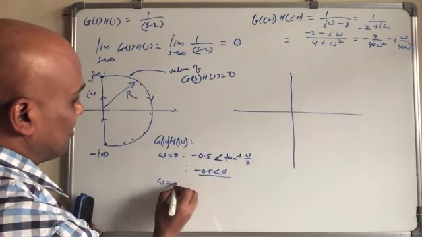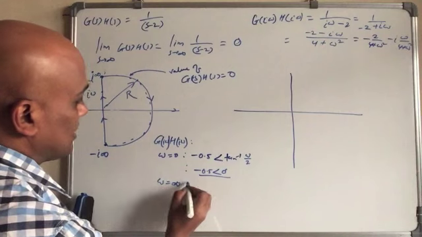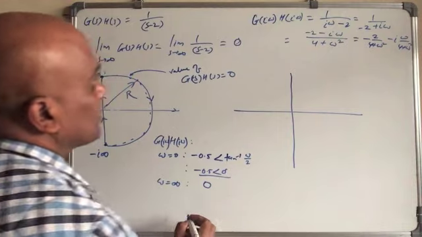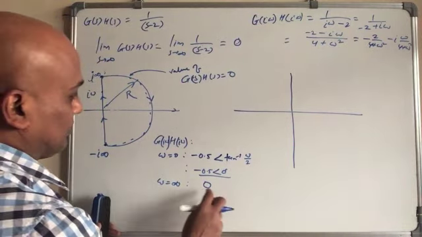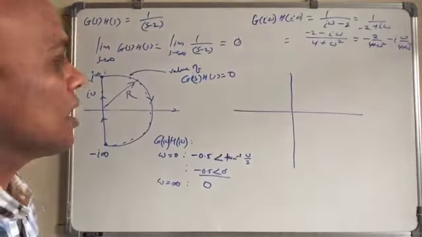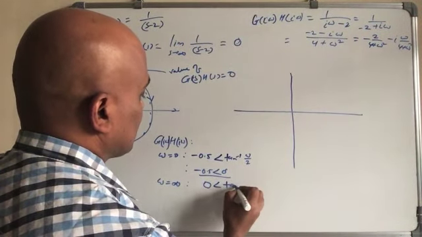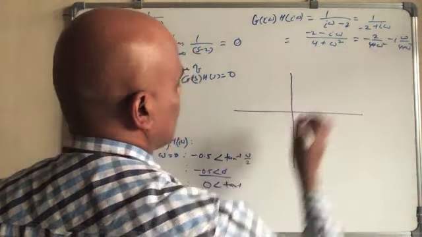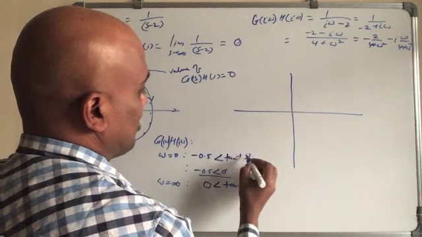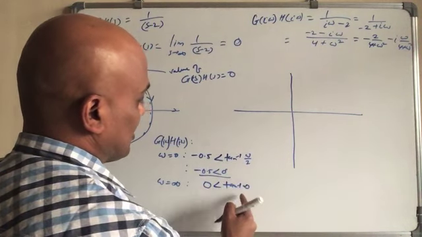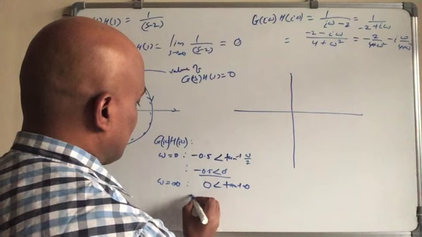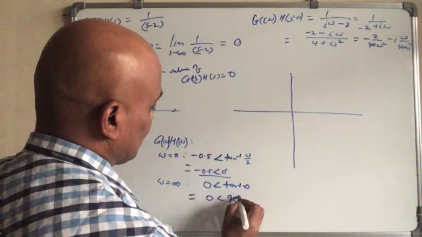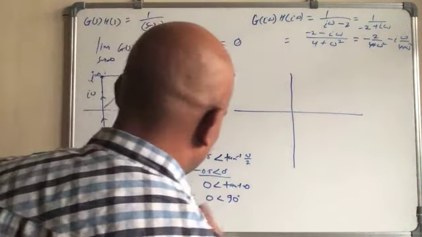When ω equals infinity, then we get value 0, and the angle is tan inverse of ω over 2 basically, where ω tends to infinity, which is positive, so this is infinity, and the value is 90 degree. So 0 degree, 90 degree, we are getting like that.